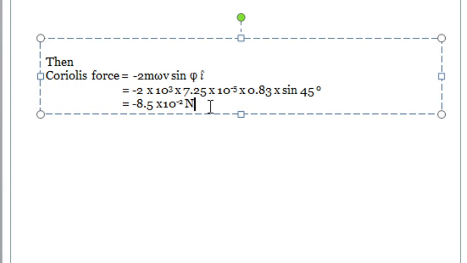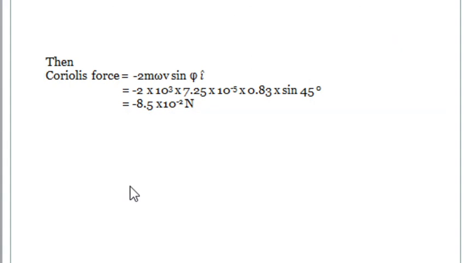So our final expression becomes Coriolis force is equal to minus 8.5 into 10 raised to minus 2 Newton. So this is the expression of Coriolis force in this problem.